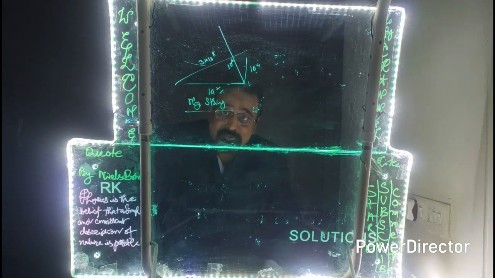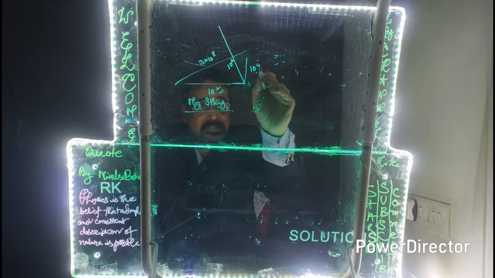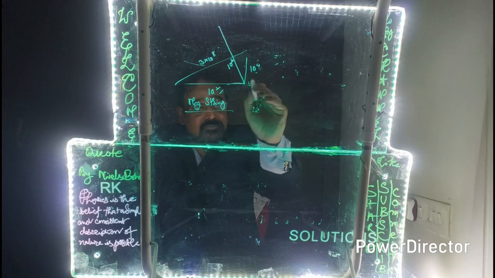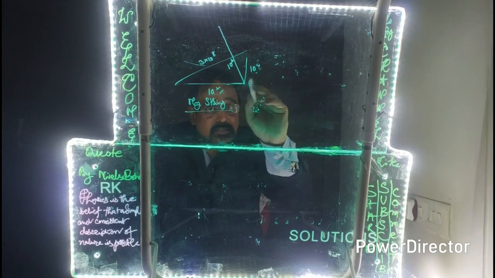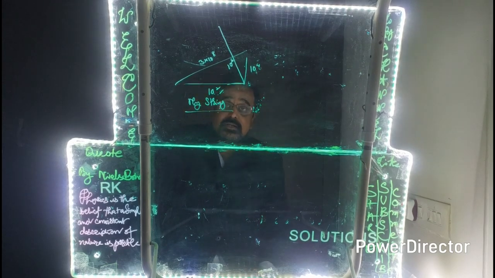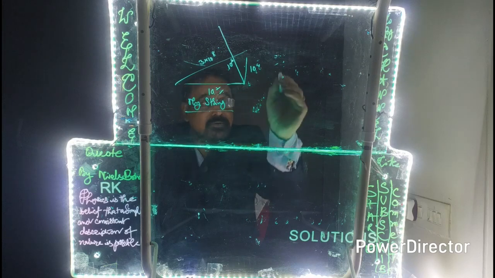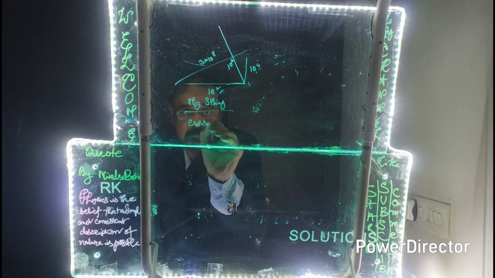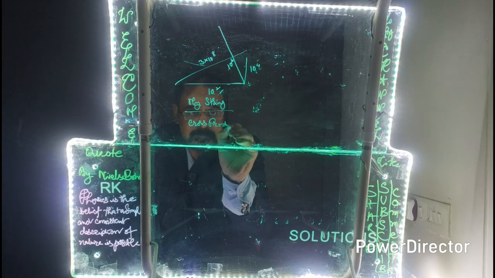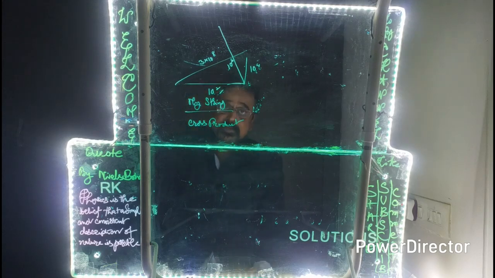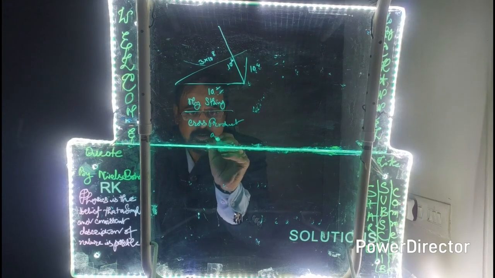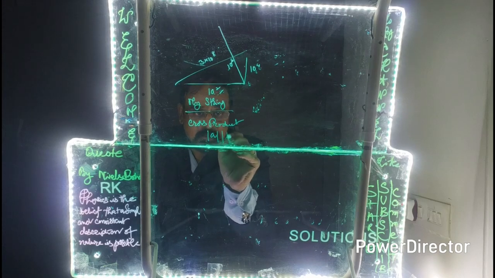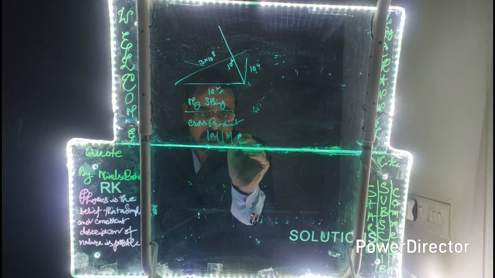If you take the cross product of 10 squared and 10 squared, you will get 10 raised to 4. If you take the cross product of 10 raised to 2 and 10 raised to 4, you will get 10 raised to 6. Because what is the cross product? The cross product formula is A into B sin theta.